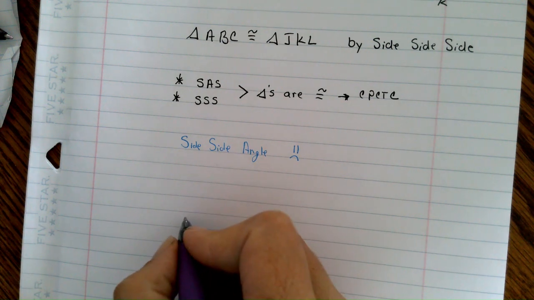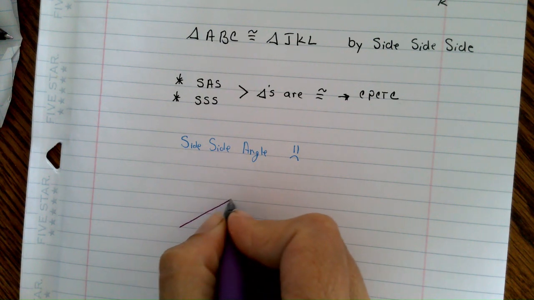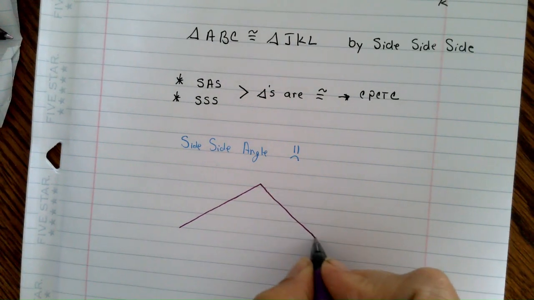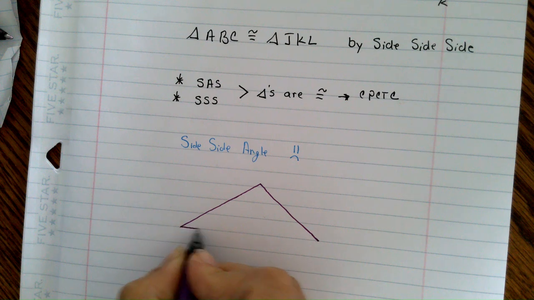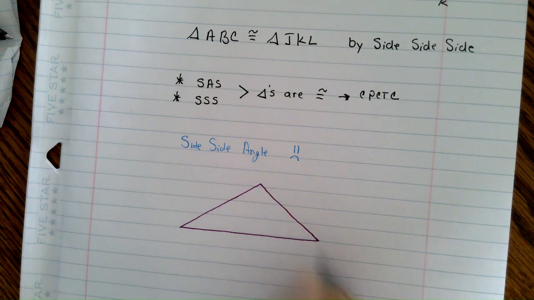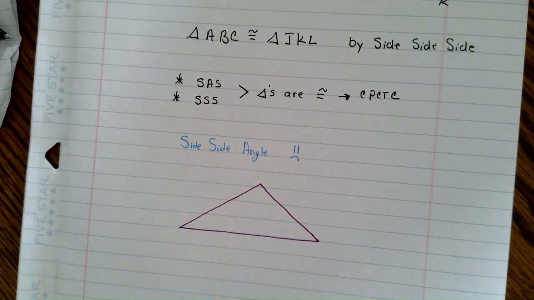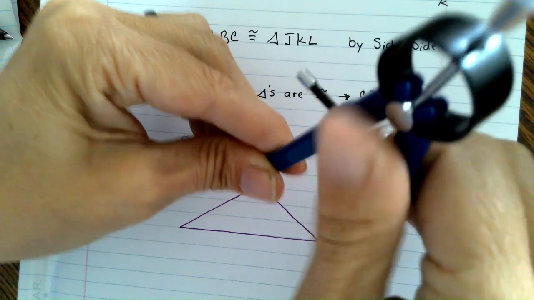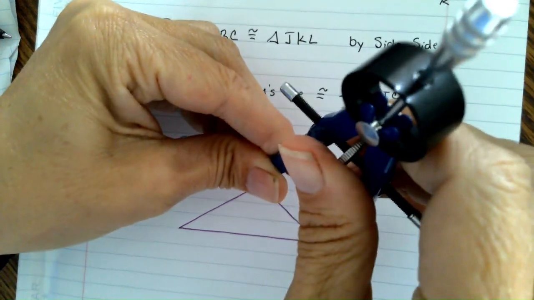Okay. Side, side, angle. Okay. I need my compass to prove this one because I don't want to let you down here. So I want to make sure that I copy this side perfectly.